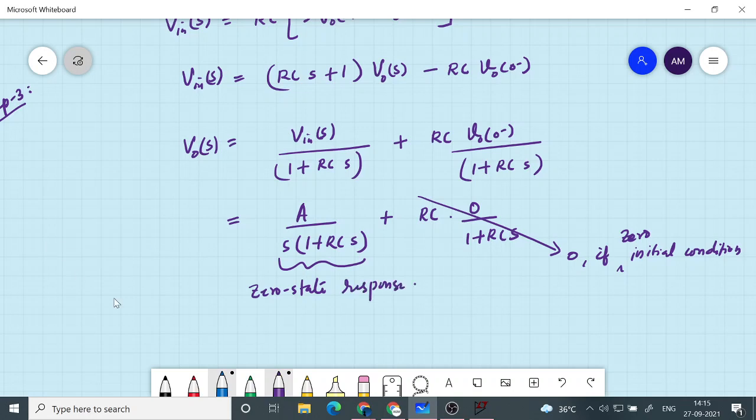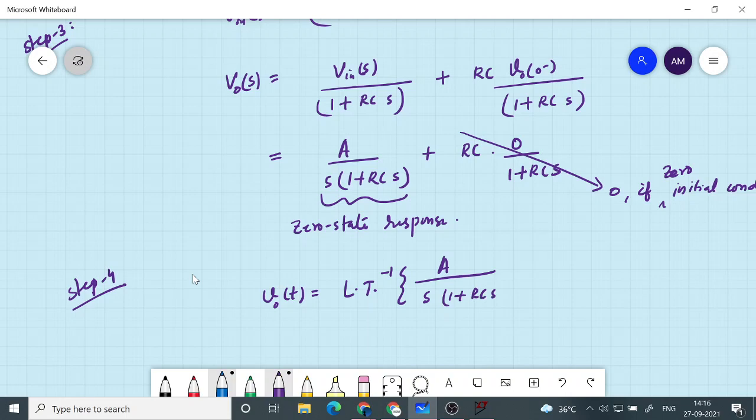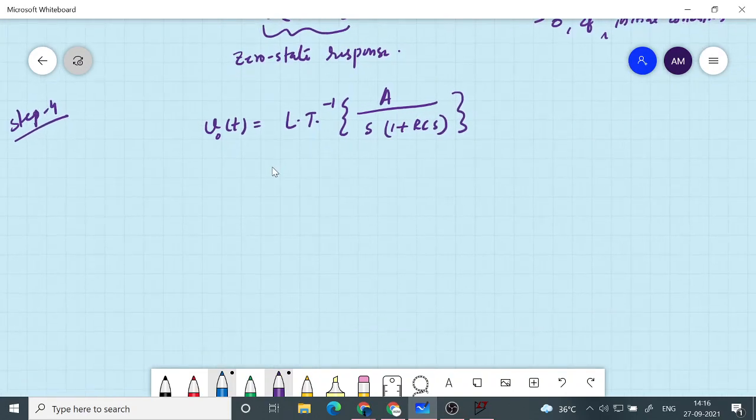Alright, so now step 4. Step 4 is basically finding V0 of t, which is the Laplace transform inverse of A by S into 1 plus RCS. So if you want to find the inverse, we have been doing many problems.